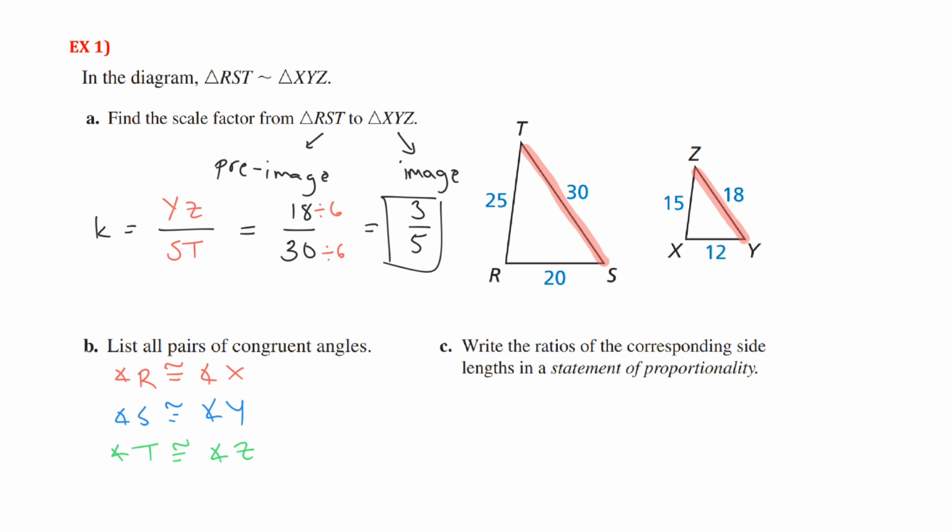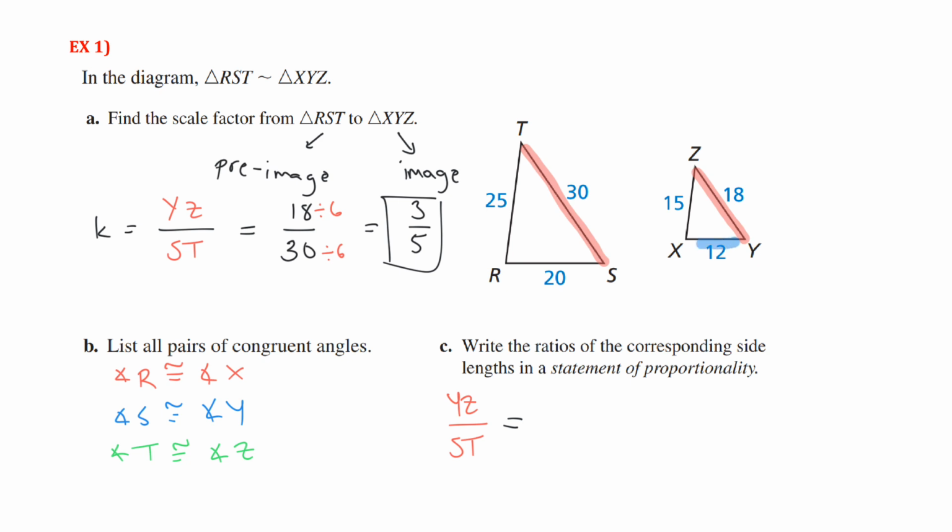Last but certainly not least, they want us to write the ratios of the corresponding side lengths in a statement of proportionality. This is just another fancy way of saying write all the fractions for all of the sides. So we actually already have one of the sides written as a fraction. That was YZ divided by ST. And this will be equal to, now we just need to choose a different pair of corresponding sides.